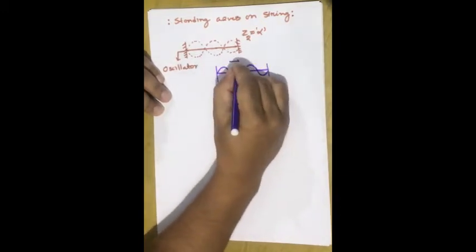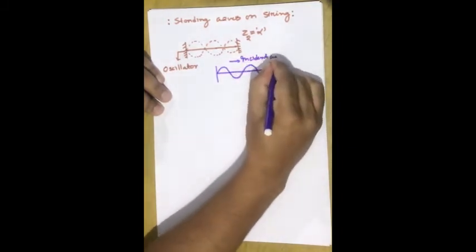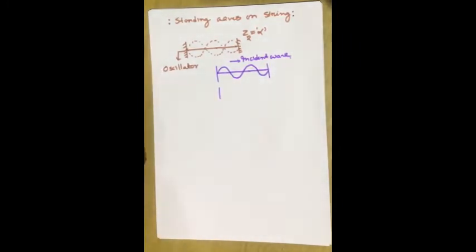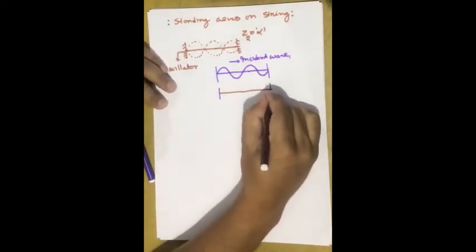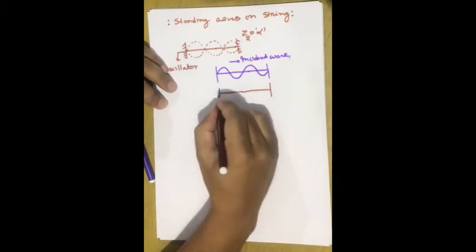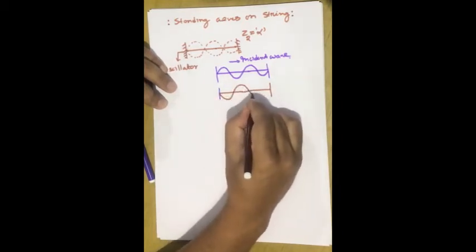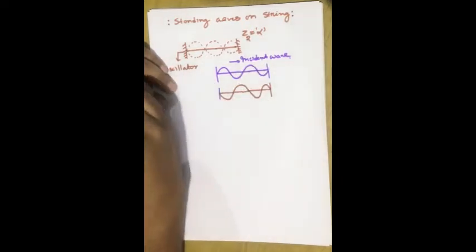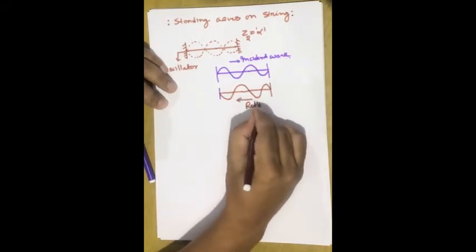The incident wave is moving in this direction, and there will be a reflected wave if this end of the string is tightly fixed, and the reflected wave will be 180 degrees phase shifted. So basically it will be in this fashion, as you can see. This is the 180 degree phase shifted wave, and the reflected wave will be traveling along this direction.